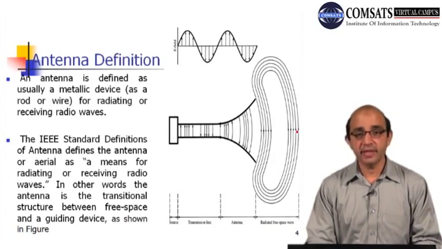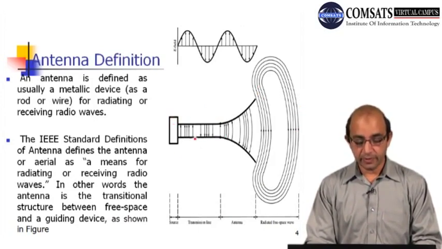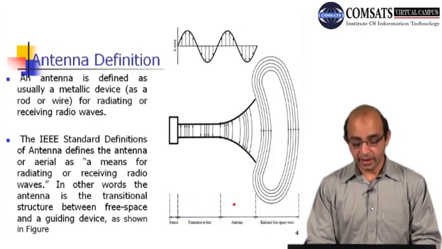On the right hand side of your picture you can see that we have the source, and then we have the transmission line, because there must be a transmission line between the source and the antenna, so that the antenna is able to radiate the energy, the EM waves, into the atmosphere or free space. After the transmission line we have the antenna.